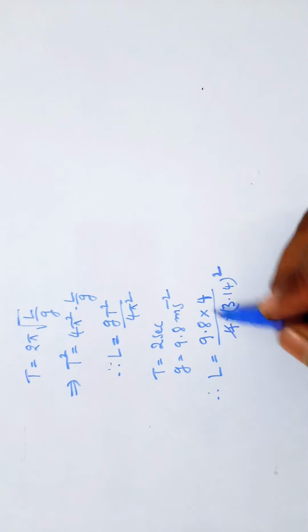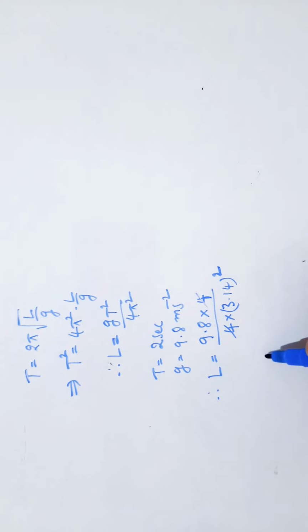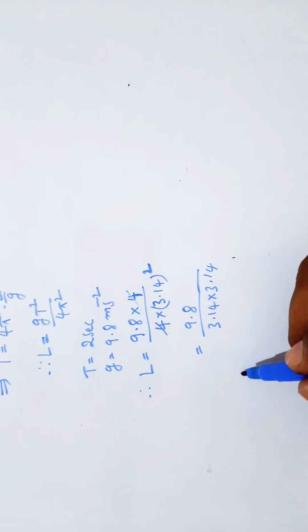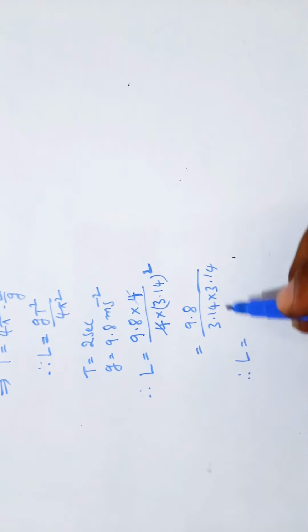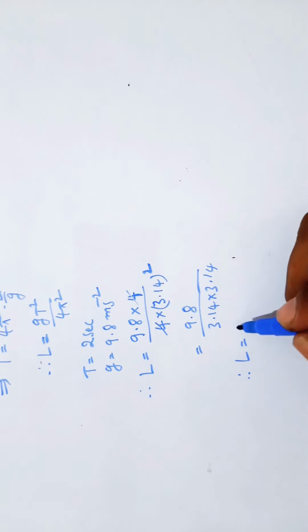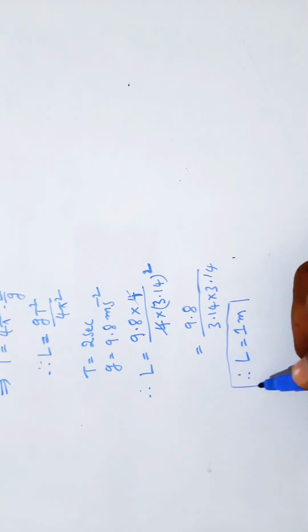So the 4 cancels. So L is equal to 9.8 by 3.14 into 3.14. So we can get this value. L is approximately, 3 3s are 9, here it is also 9, so that is 1 meter. So the length of the simple pendulum is 1 meter.